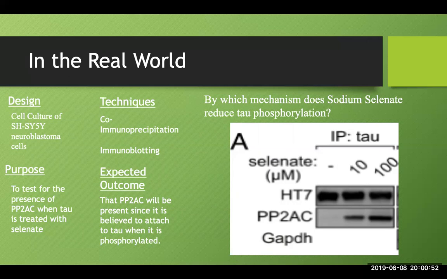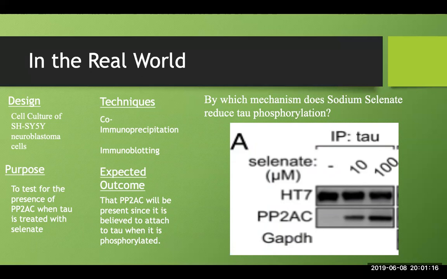A bit of background on Alzheimer's disease. There are two forms of pathogenesis that are known: one is amyloid beta plaque formation, and the second is tau phosphorylation. Tau becomes hyperphosphorylated and creates neurofibrillary tangles in the brain, which is associated with neurodegeneration and Alzheimer's disease.